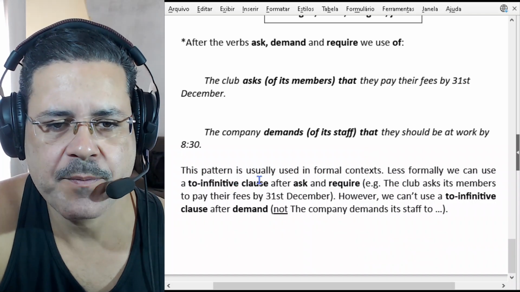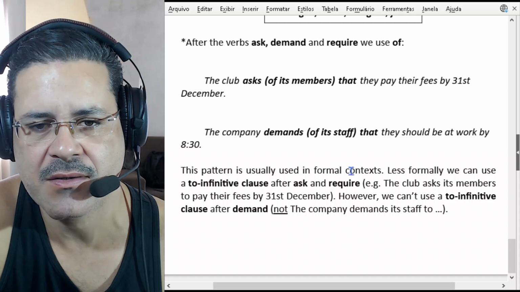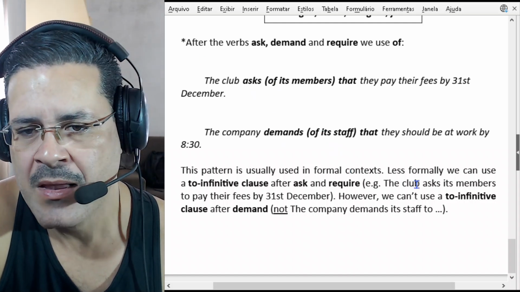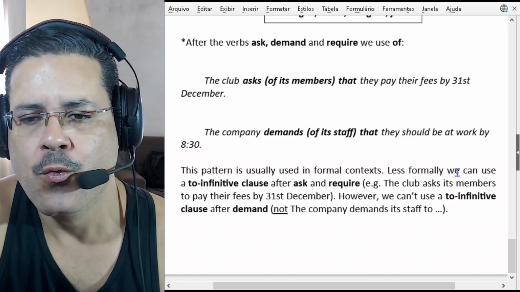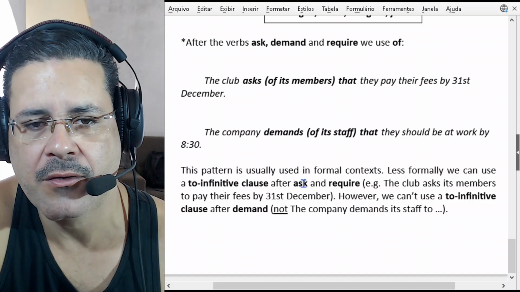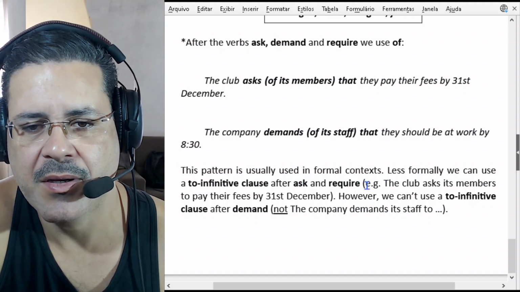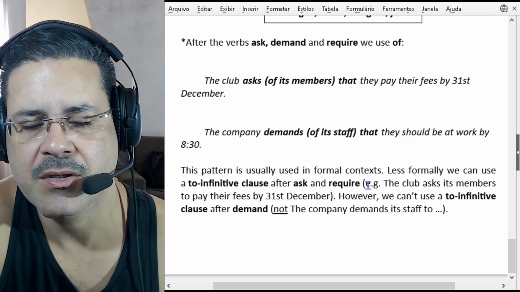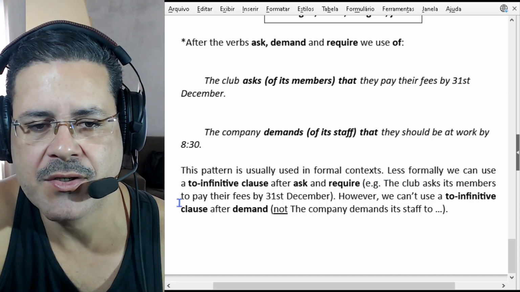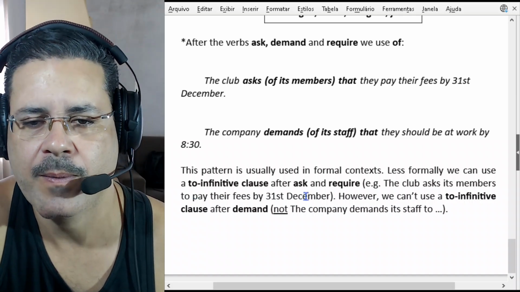Okay, this pattern is usually used in formal contexts, considering the verbs ask of and demand of. Less formally, we can use a to infinitive clause after ask and require. E.g., that means for example. It comes from Latin. The club asks its members to pay their fees by the 31st of December.